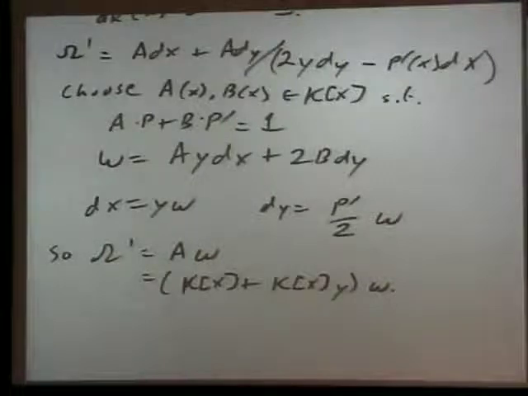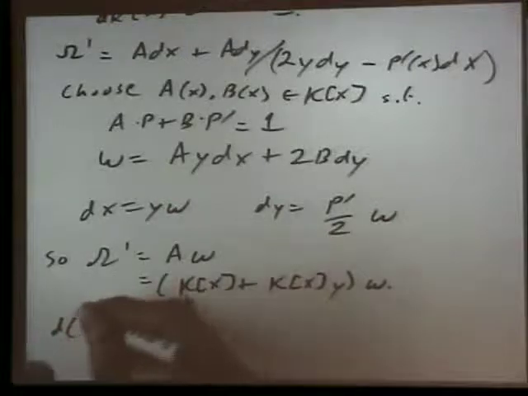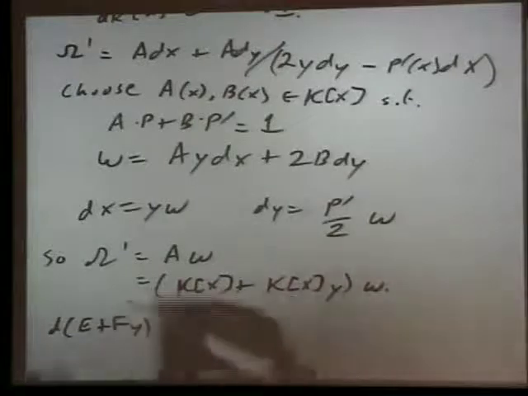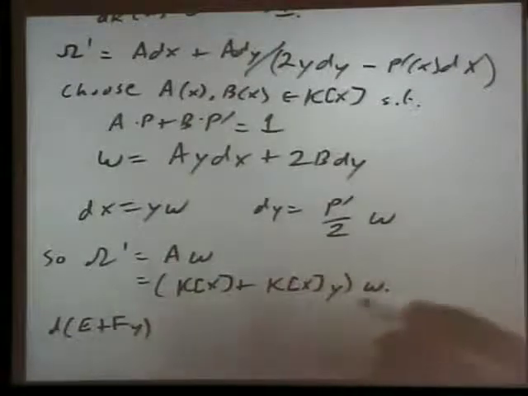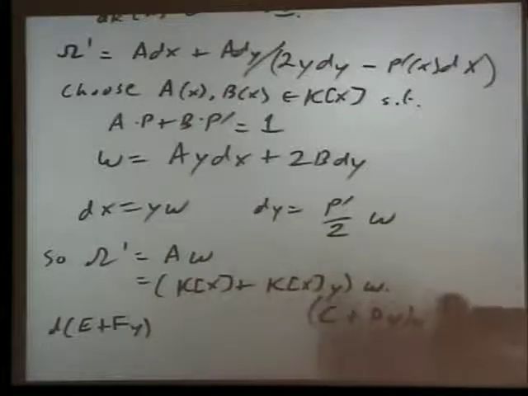Okay, now how would you actually check whether something like this is exact? Well, the way you check whether something is exact is you write down a generic 0-form, which is to say a function, and differentiate it and see what it looks like. So if you differentiate something like e plus fy, because I was calling my coefficients c and d, so I have c plus dy times omega, and I want to know, is this exact?